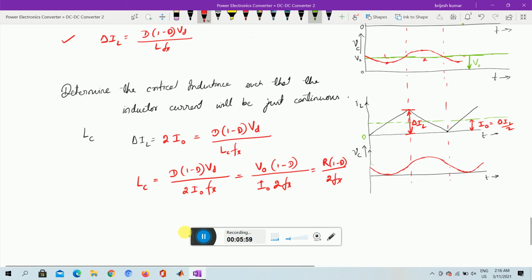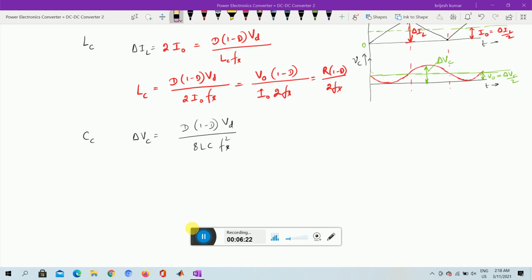So in that case, what is the average voltage? Average voltage in between, this is the value of V average. So I can write V0 is equal to del Vc by 2, and this is del Vc. Del Vc is the ripple voltage.